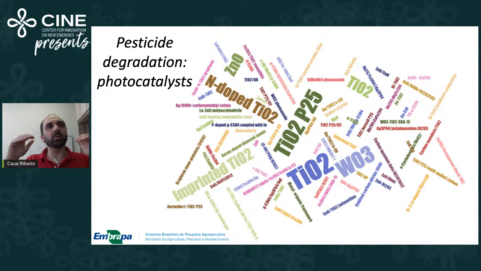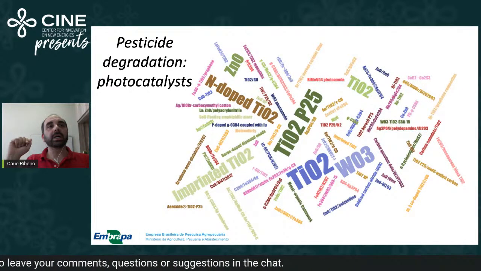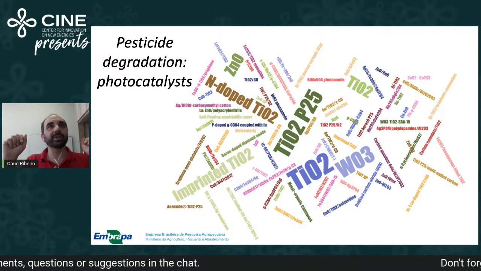We have reviewed more than 200 papers in the last 5 years studying pesticide degradation, and we have seen that titanium oxide P25, the most common material used for this kind of application, is still the most studied material.